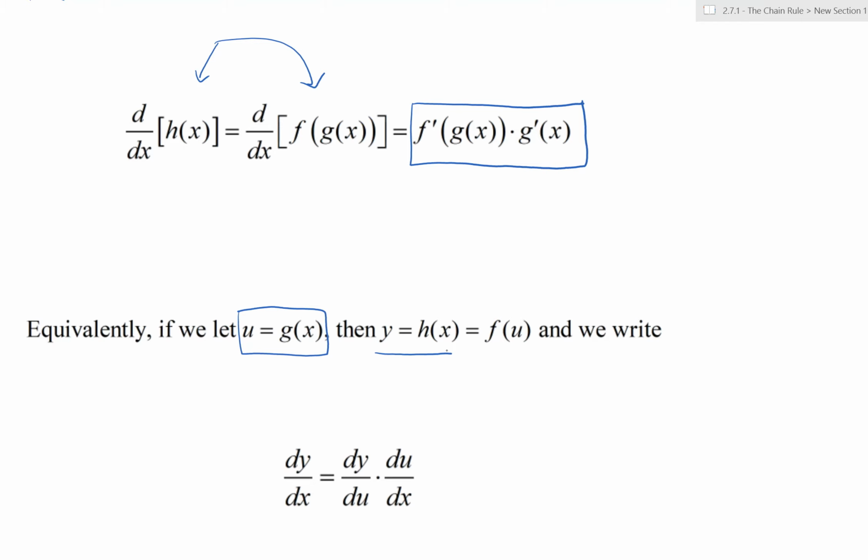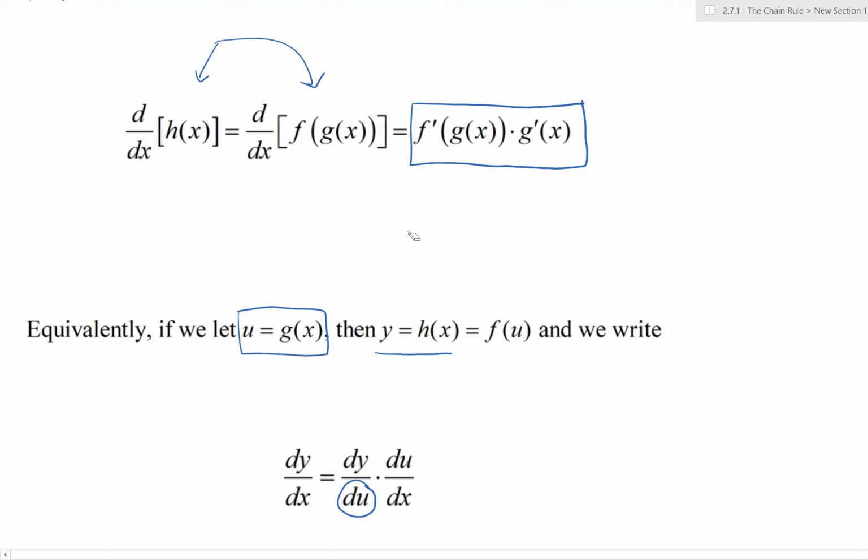Well, dy dx, which is our derivative of the function with respect to x, would be the function y differentiated with respect to u now, right? So it's the derivative of f, but with respect to g of x, really, because we're calling g of x u. That's exactly that right there.